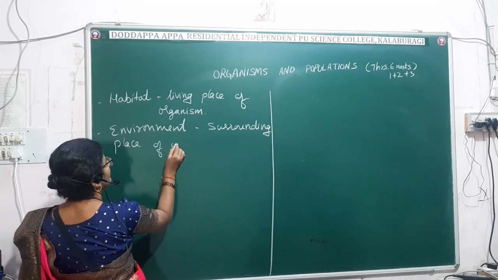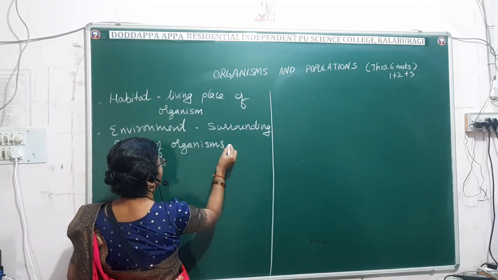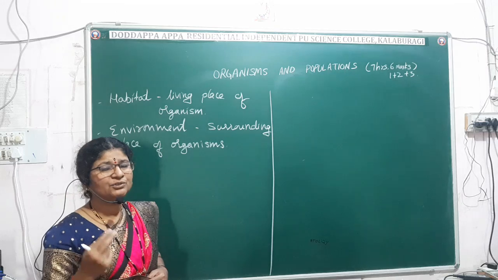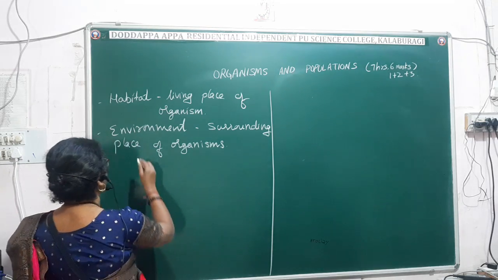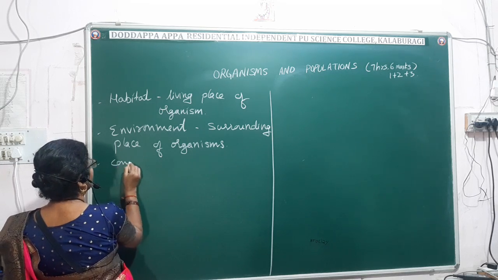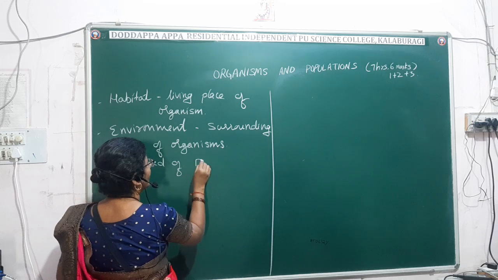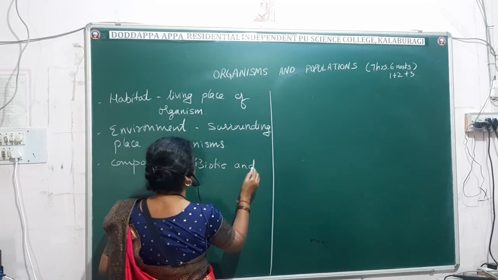The surrounding place of organisms, and this environment is composed of 2 factors, biotic and abiotic factors.